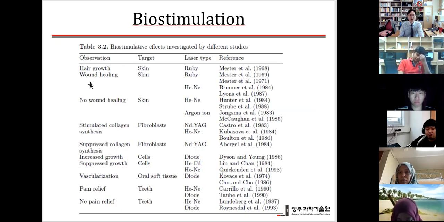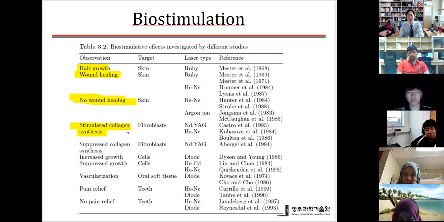This one shows examples of the biostimulative effects from multiple studies. If you look at this, hair growth, wound healing, but also shown no wound healing, and stimulated collagen synthesis. By stimulating collagen synthesis, it can actually improve the wrinkle.